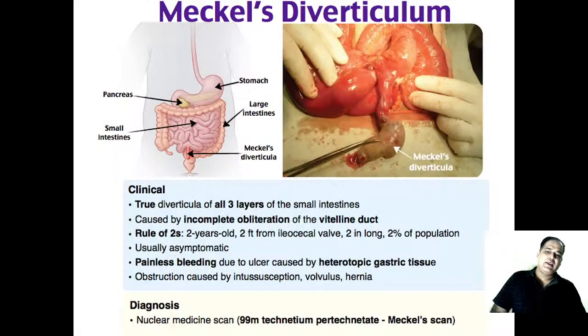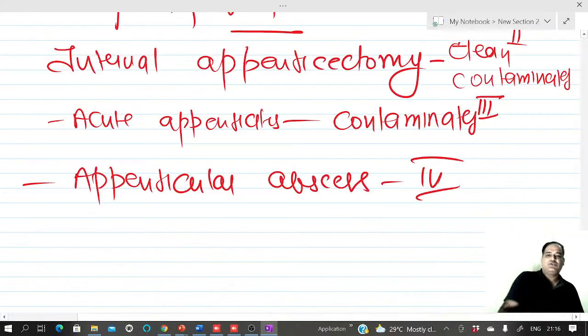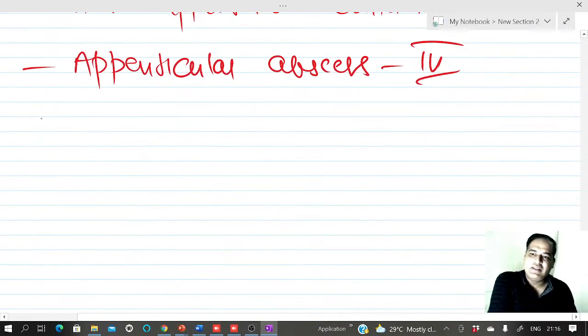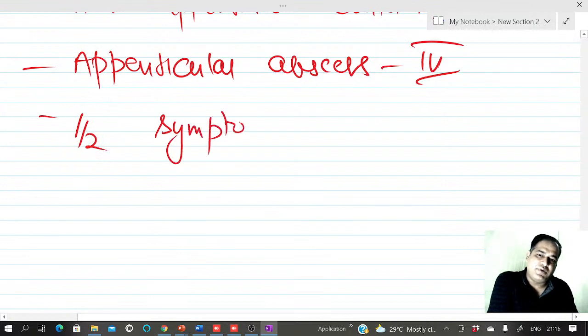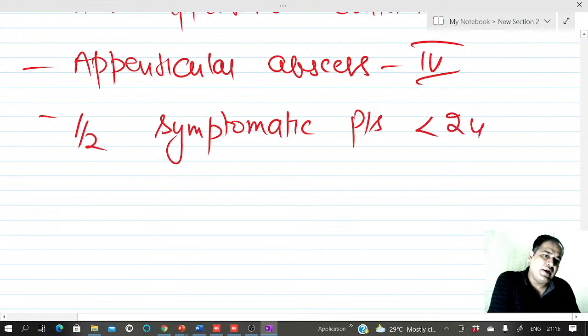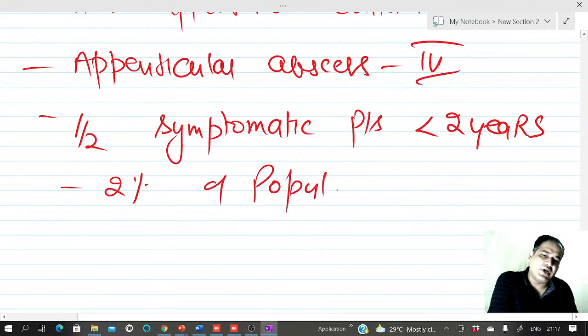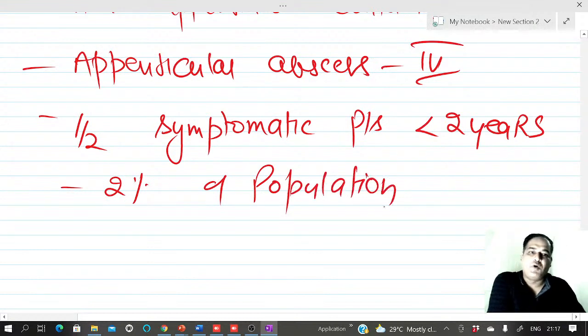Fine. Now what is the rule of 2? Half of the symptomatic patients are less than 2 years of age. So you see in the Meckel's diverticulum, half of the symptomatic patients are less than 2 years of age. It is present in 2% of the population.